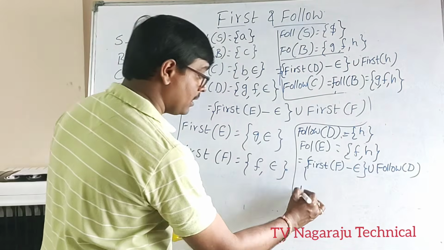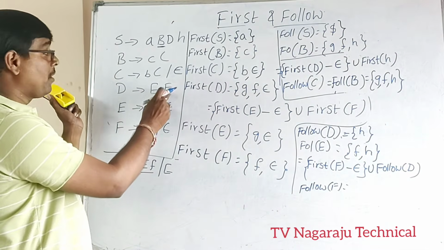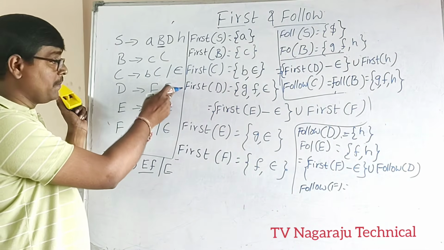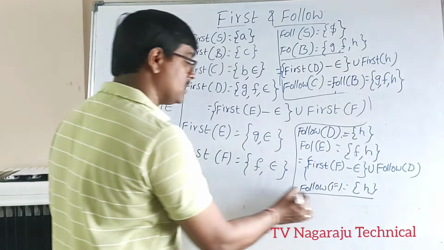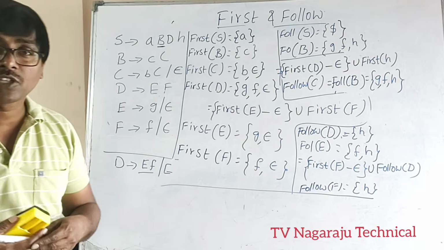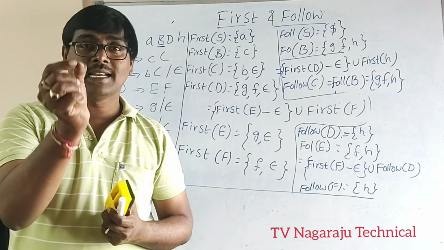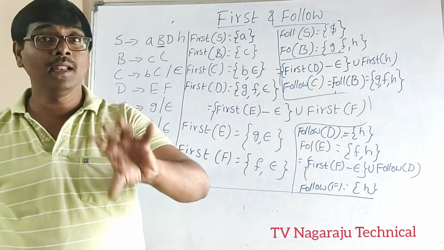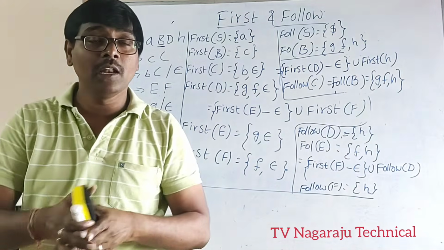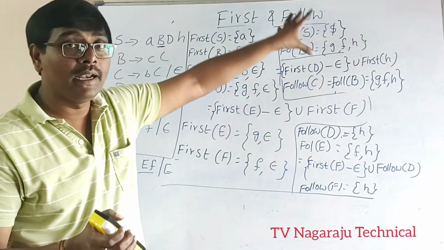And the last one is follow of F. F appears here, and nothing is after it. Simply follow of F is equal to follow of D. This is the way to calculate first and follow. Again I am repeating, first means, in the right side, the first terminal symbol. If there is a non-terminal symbol, replace that non-terminal with all possible productions. The same thing is applied in follow.